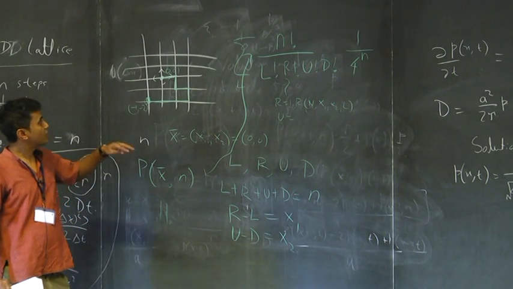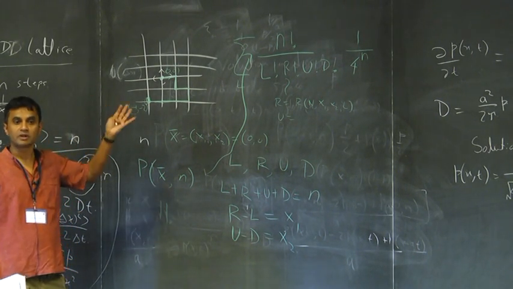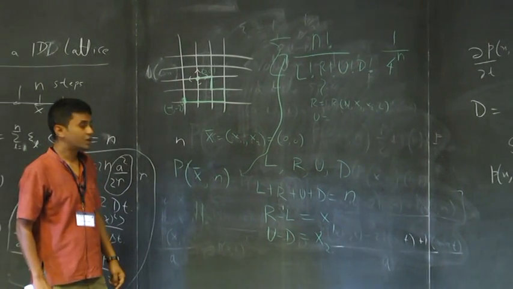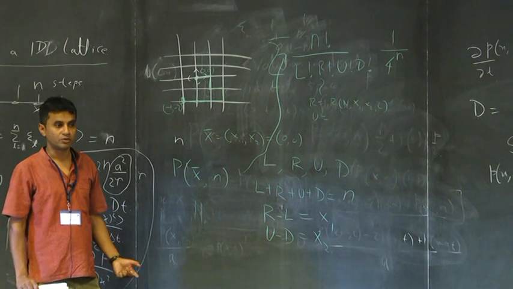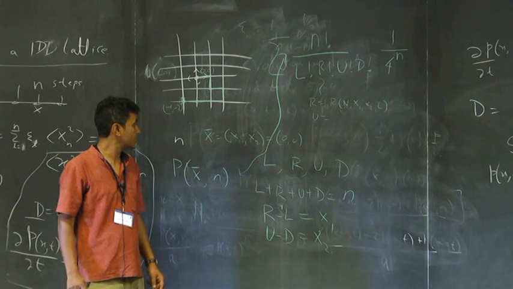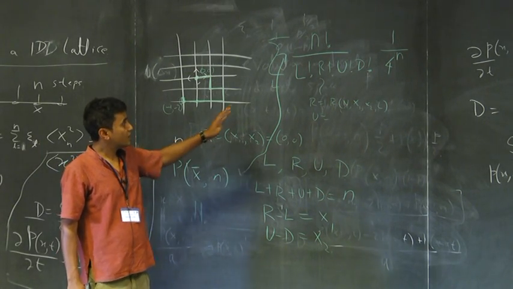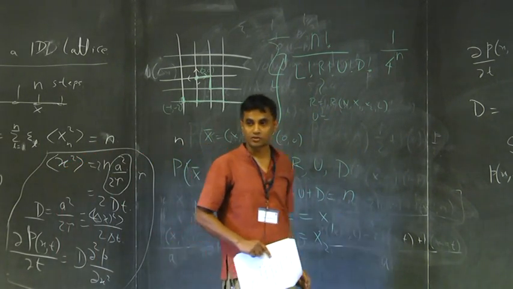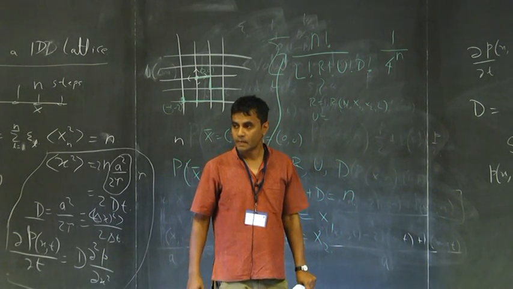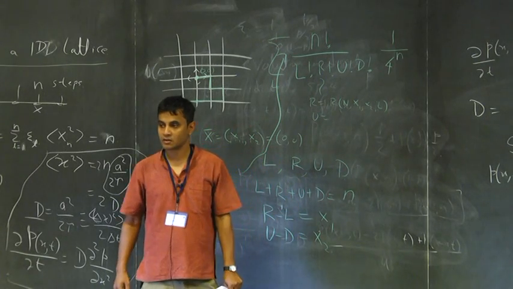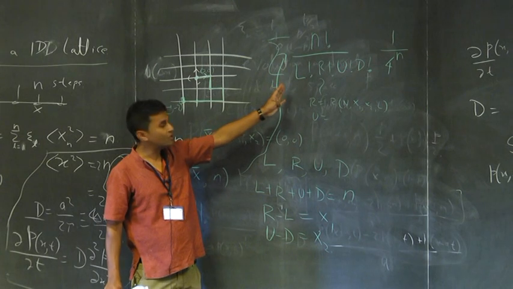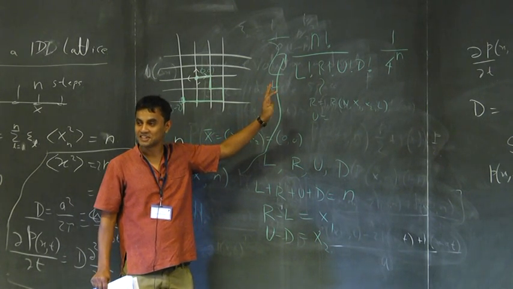Somehow in 2 dimensions you can still do this, and you can get a nice exact answer. But if you go to 3 dimensions, you can't do it, and in general you don't have any nice closed expression. On the other hand, this other stuff we can still do. You still have the diffusion equation in any dimension. In 2D it's not clear how to do it, but you can do it.